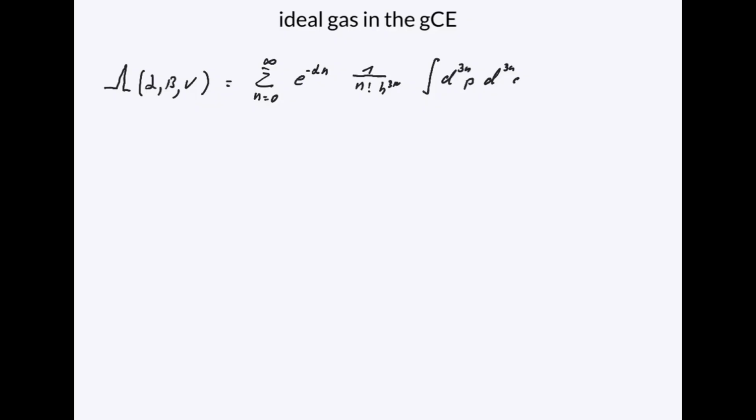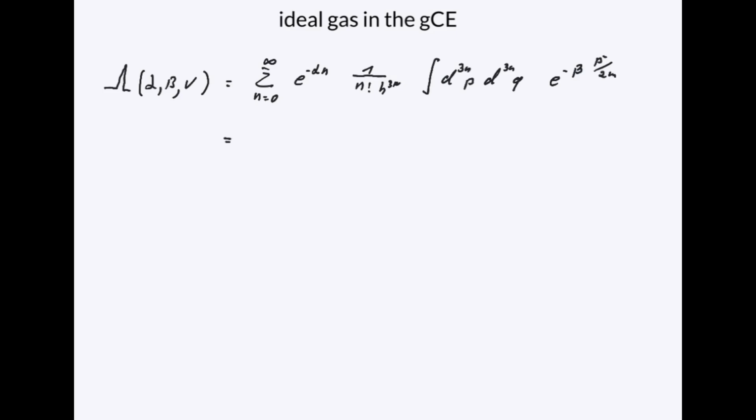As a first example of the grand canonical ensemble, we consider the ideal gas. We will use the classical partition function Λ(α, β, V) given by the sum over all numbers of particles N from 0 to infinity, e^(-αN) times 1 divided by N! h^(3N), and then integration on the 3N-dimensional phase space, e^(-βp²/2m).